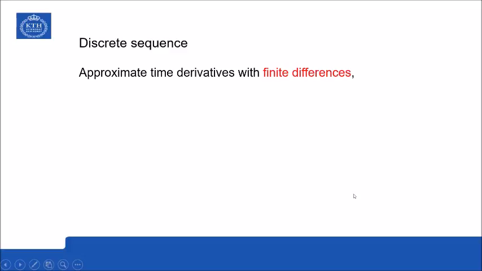In order to formulate this as a finite difference equation, we approximate all time derivatives with finite differences. That means that we introduce the difference dx and difference df as the difference between two neighboring samples in the displacement sequence like this. The fourth order difference is then a combination of these sampled values of the signal.